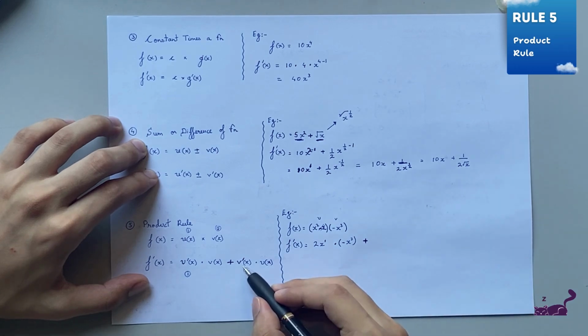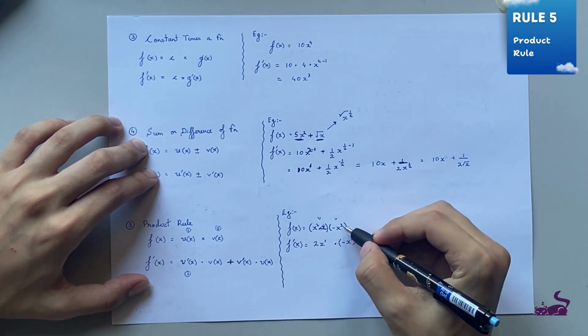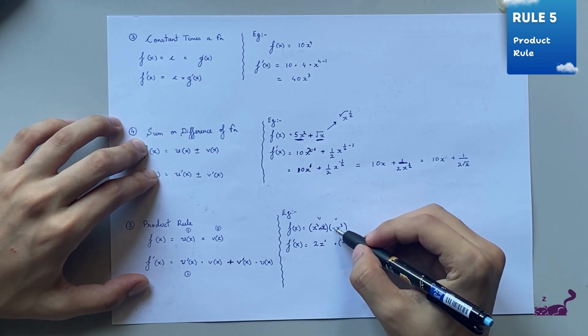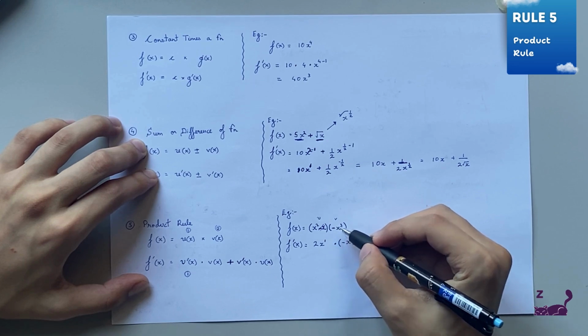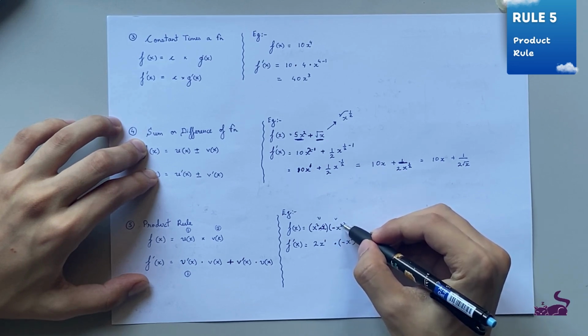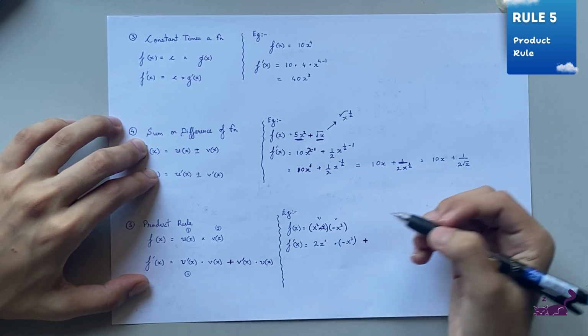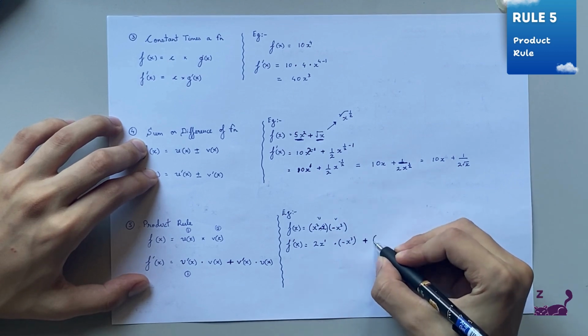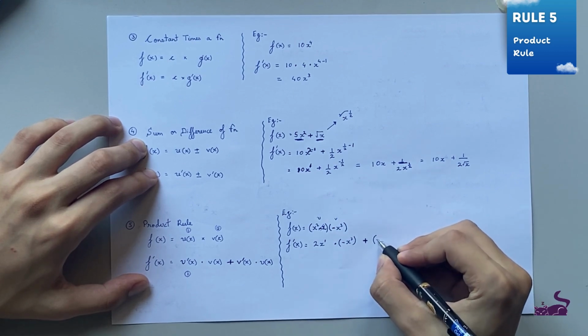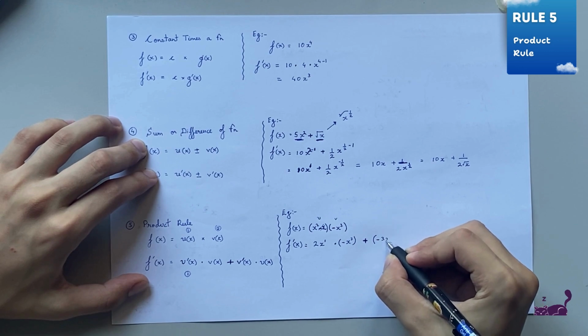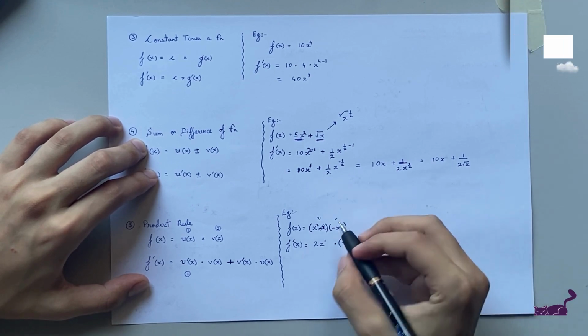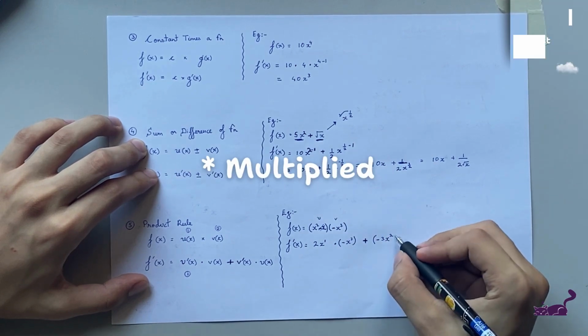So now we have v of derivative. Now we need to find the derivative of v. V is what? Minus x raised to the power 3, right? Now there's a minus sign. Always remember, when we bring the power down, it has to be multiplied by the negative sign. So that becomes, I'm just going to write in brackets again, minus 3, and that x becomes x squared, because 3 subtracted by 1 is 2.